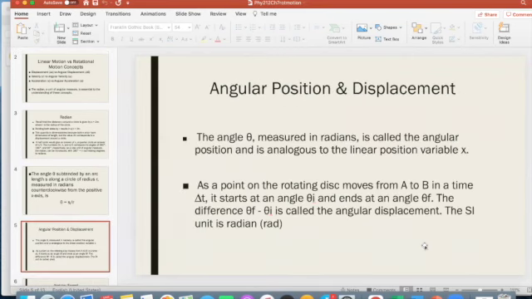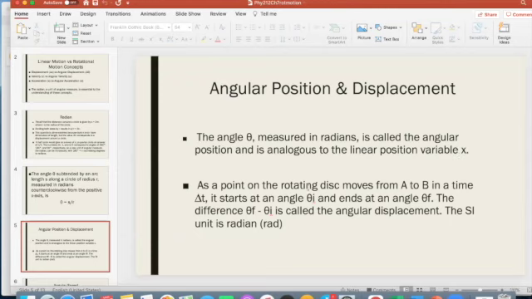All right, on to angular position and displacement. Angle theta, which is again measured in radians, is called the angular position. It's similar to the linear position where we used variable x.